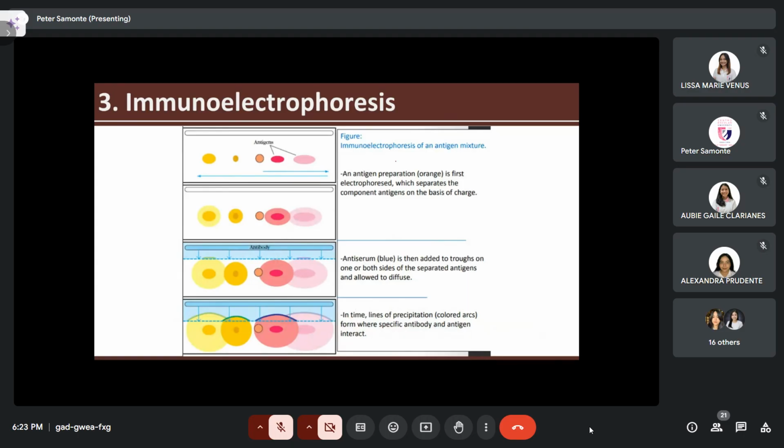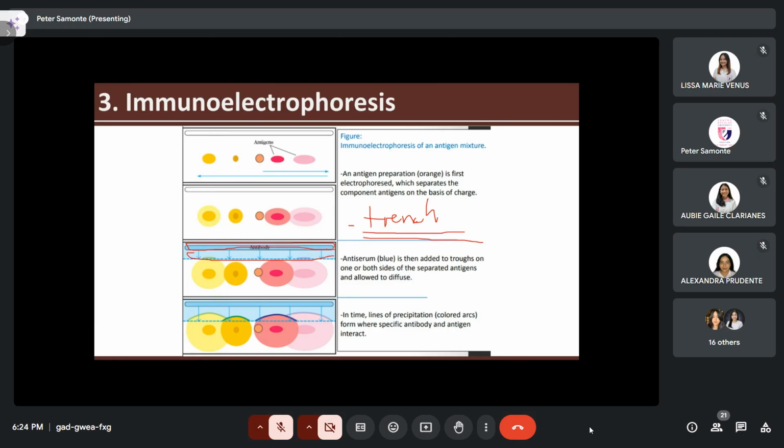So kapag na-separate na yung mga antigens nyo based on their size, you would now cut a trough, yung parang trench class. Gagawa ka ng parang butas na horizontal. There you would add your antiserum, itong kulay blue na to. Ito yung trough, ito yung trench. That is where you would add your antiserum.